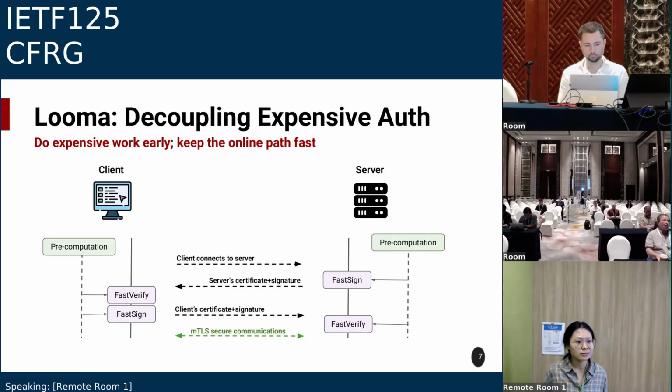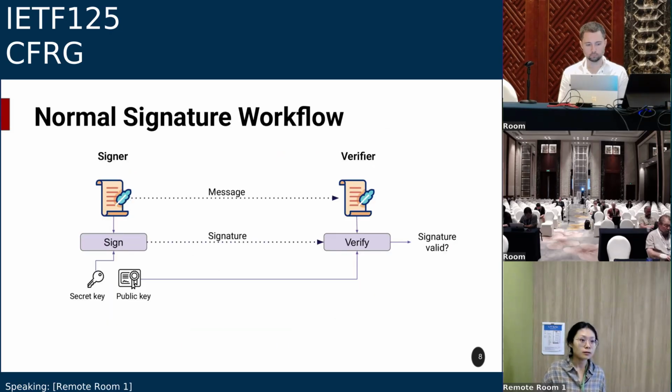The core idea is very simple. We split the work into two parts, so we can do the expensive work ahead of time and keep the online operation very fast and light. This is quite different from the normal signature workflow.